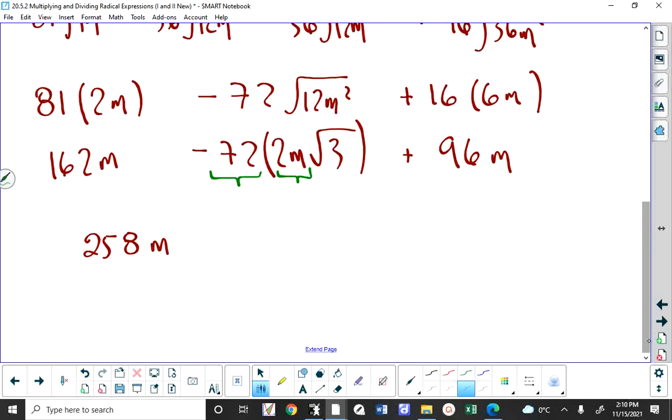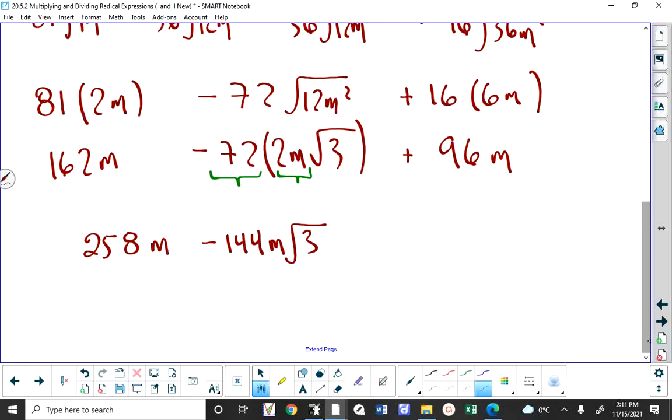Basically, if it's not underneath the radical sign, then it's a coefficient. So I can multiply those together and get minus 144, I think, minus 144m. Nope. Minus 144m root 3. I forgot about my root 3 there. Is that okay? All right.